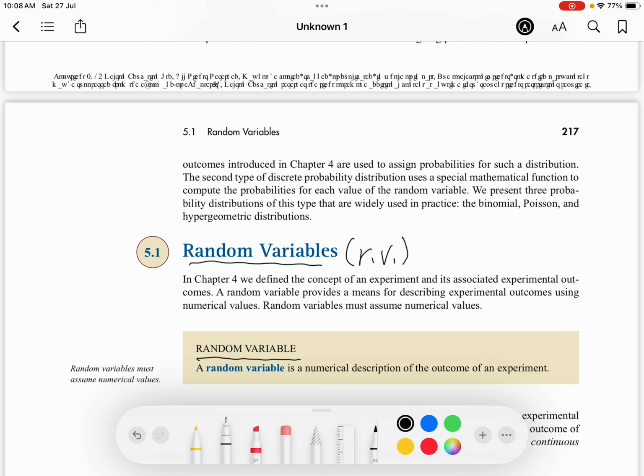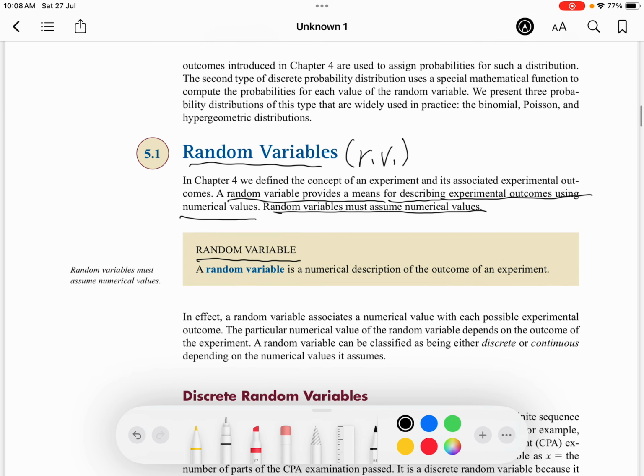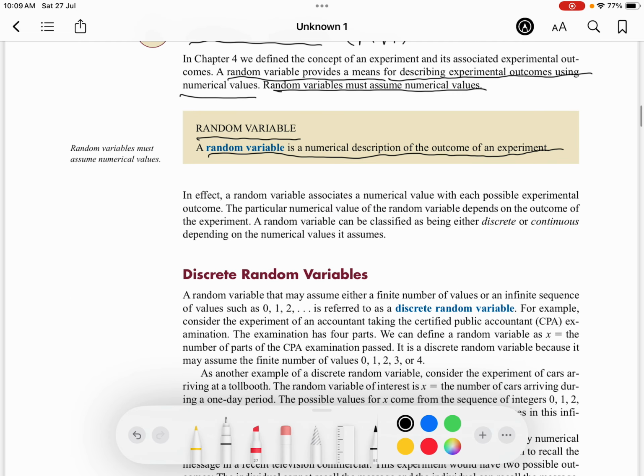A random variable provides a means for describing experimental outcomes using numerical values. Random variables must assume numerical values. A random variable is a numerical description of the outcome of an experiment. These definitions are only for understanding, not for memorizing.